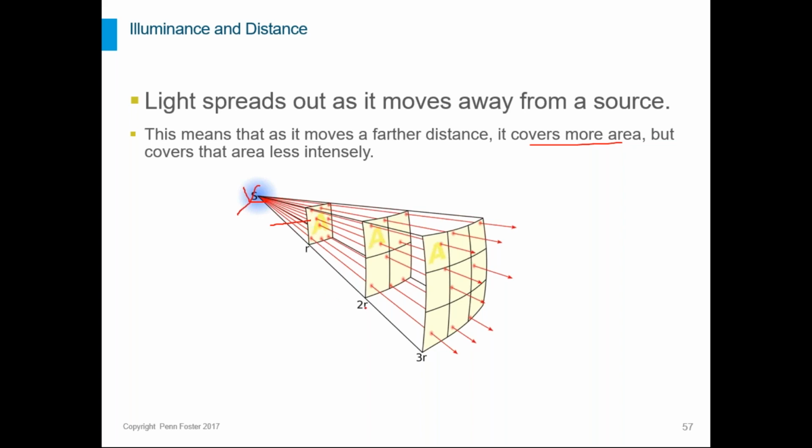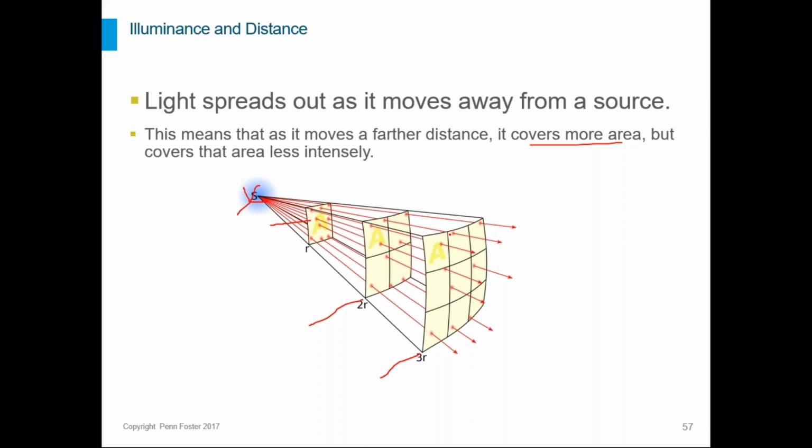If you go twice the distance, it's going to cover 4 times as much area, but it's dimmer. It's not going to light it up as brightly. And if you go 3 times the distance, it's going to cover 9 times as much area, but it's even dimmer.